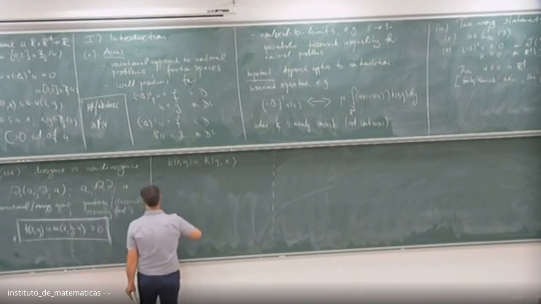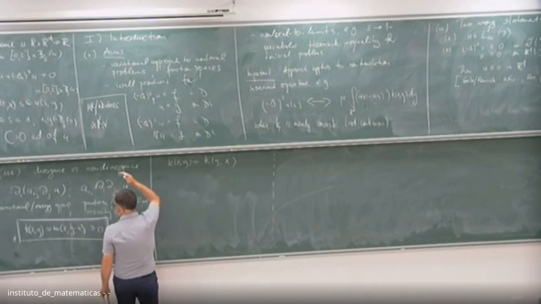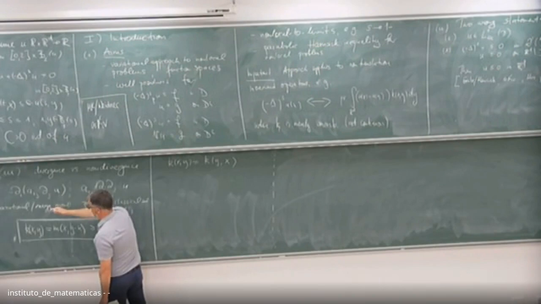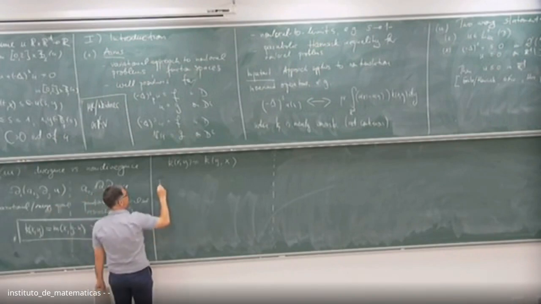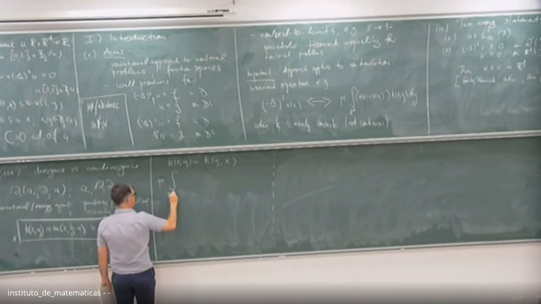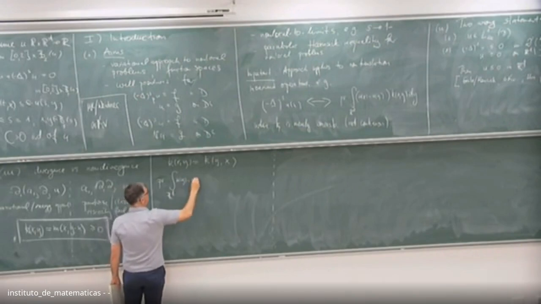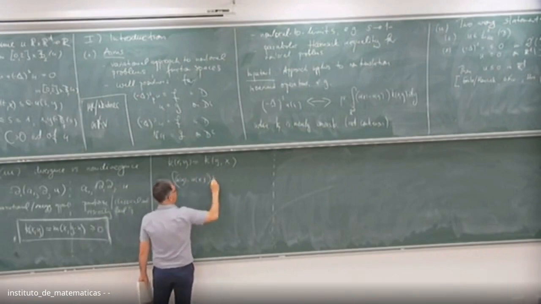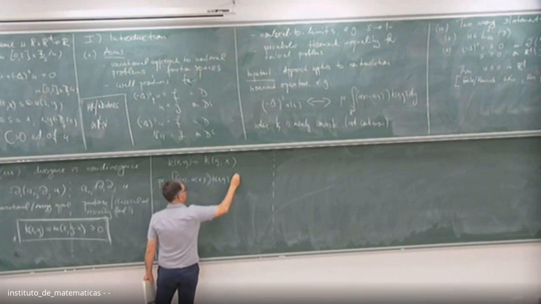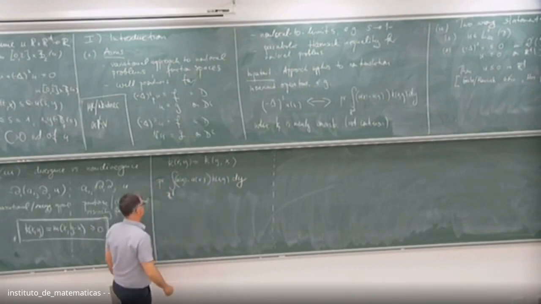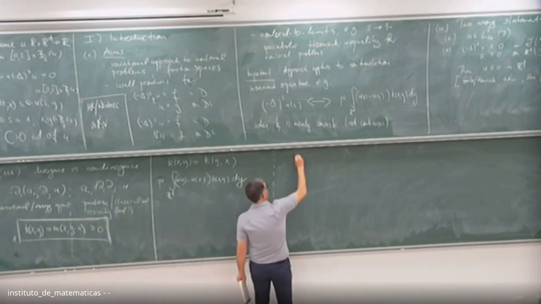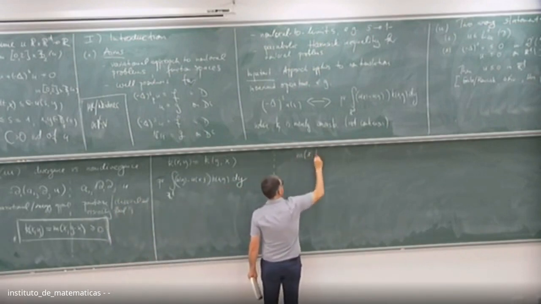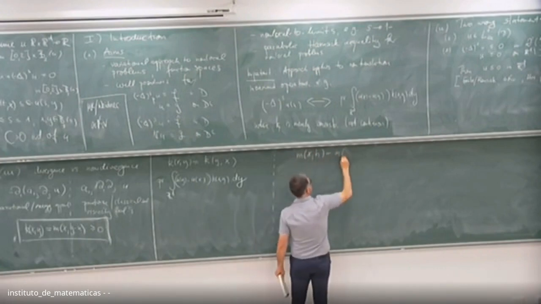So let's assume symmetry. Then a non-local operator where you work with a variational approach is maybe given in this way, where you have the function m and you assume a different symmetry.